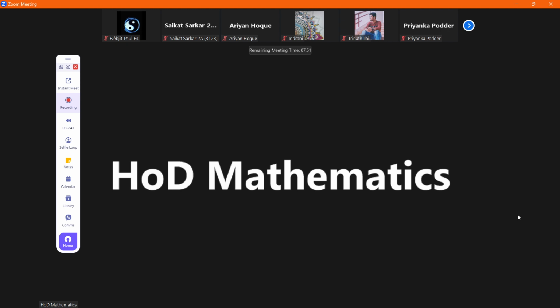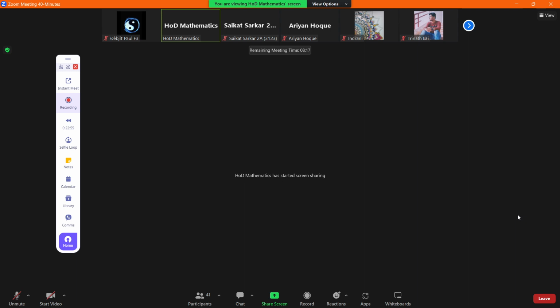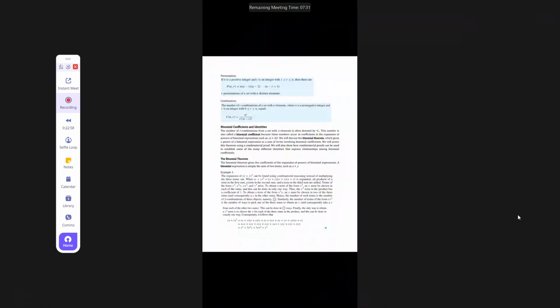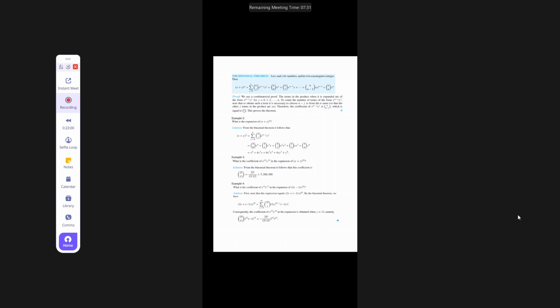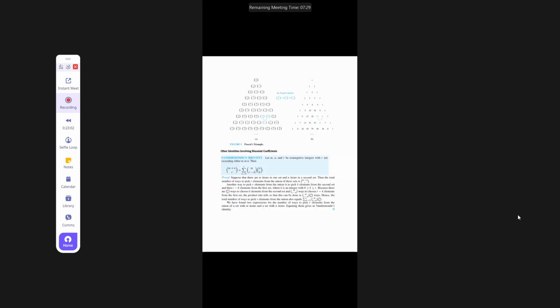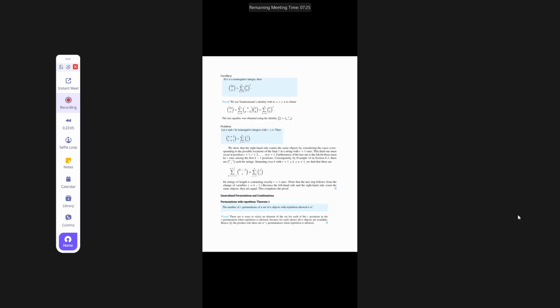So what happens when we allow repetition? Now, just give me a moment. Coming to generalized permutation and combination, please note that for your MPA part, I have not covered Pascal's triangle, Pascal's identity, and the binomial theorem.